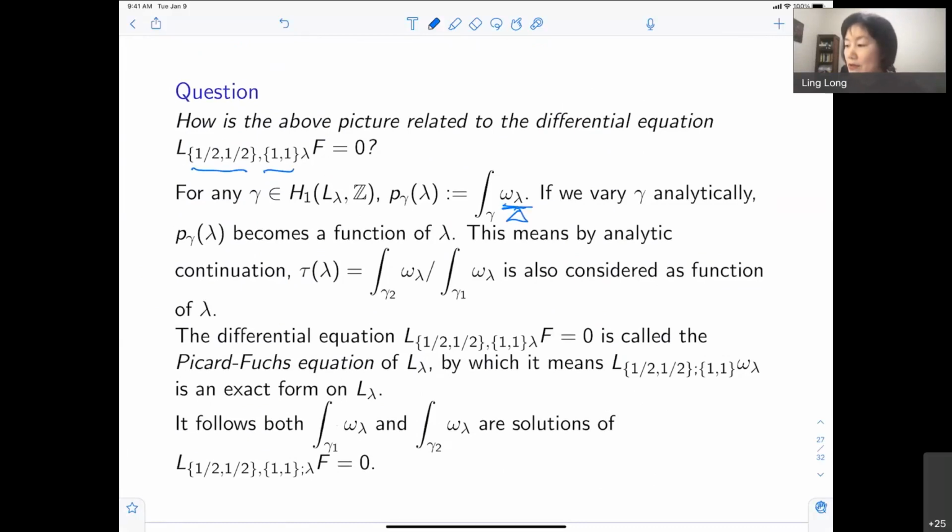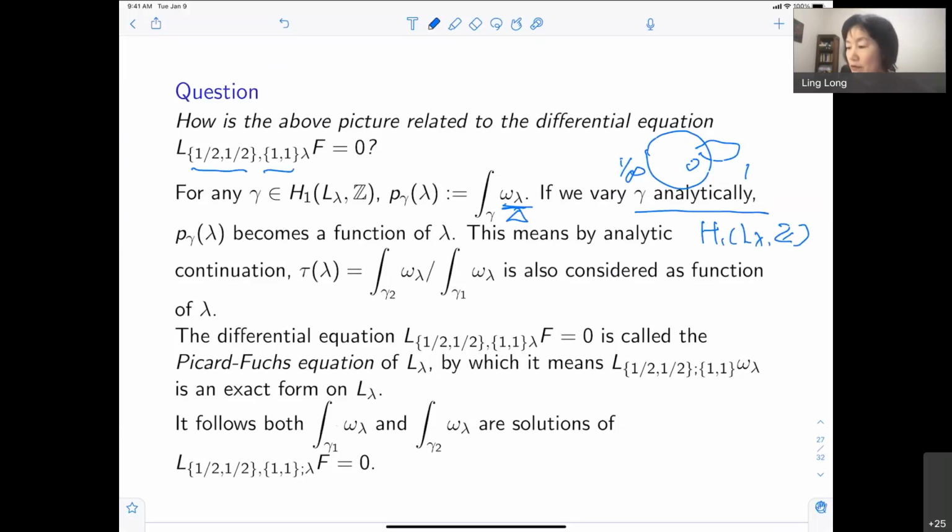And then we also vary the 2 cycles. One is 0, 1, one is going to be corresponding to 1 and infinity over here. So we're going to also vary the cycles on H1 of E_lambda, Z. So we're going to vary the 2 generators analytically.